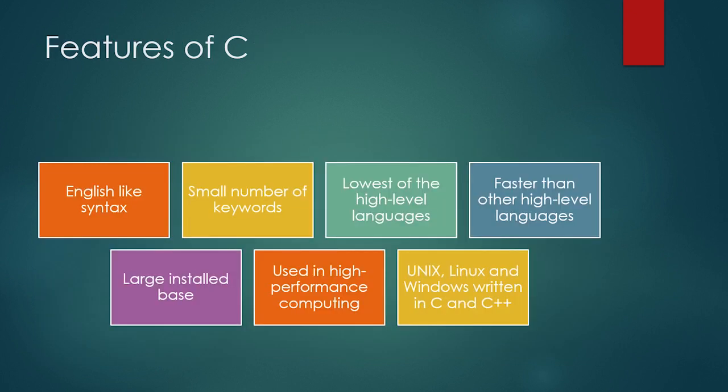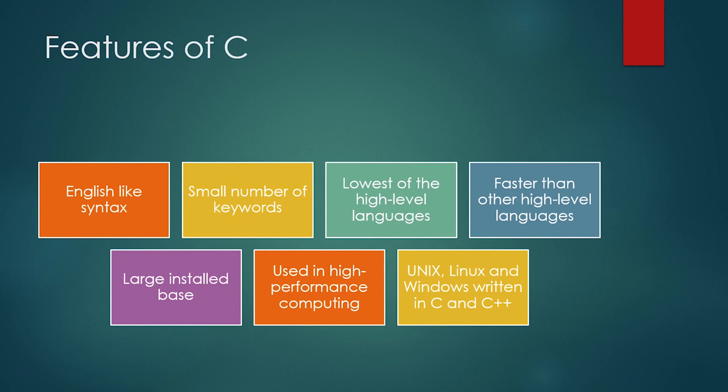So let's look at the features of C. C has an English-like syntax. You might not think it when you first see it, but it is relatively like English. It's got a small number of keywords, which means it's a relatively easy language to learn. It is the lowest of the high-level languages, and it's faster than many other high-level languages.